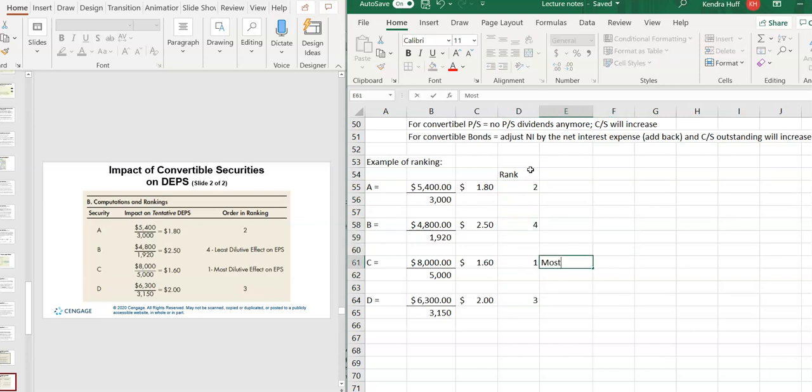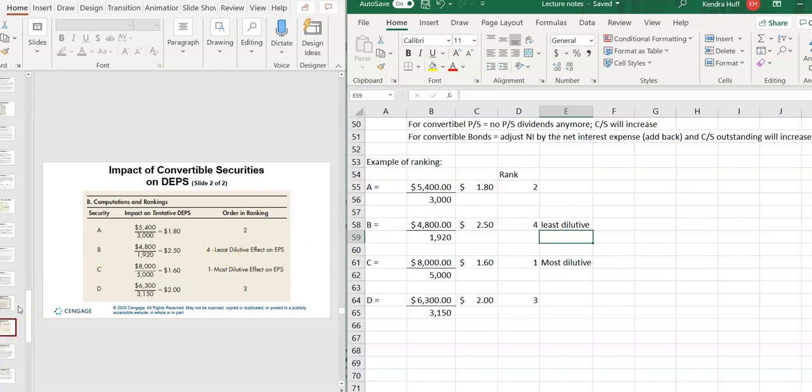Right, this is the most dilutive. And this is the least. I don't like how the most complex thing in this chapter is hypothetical.